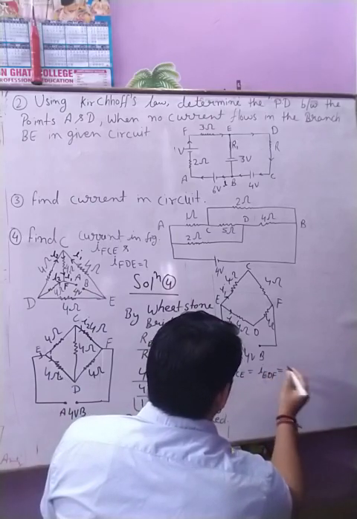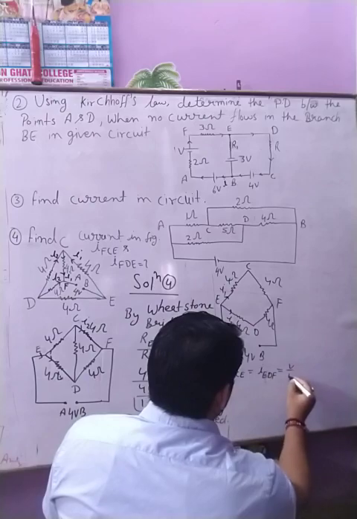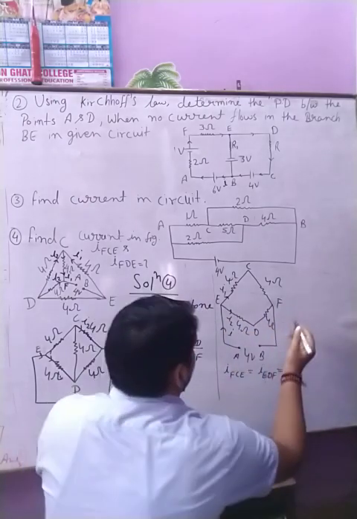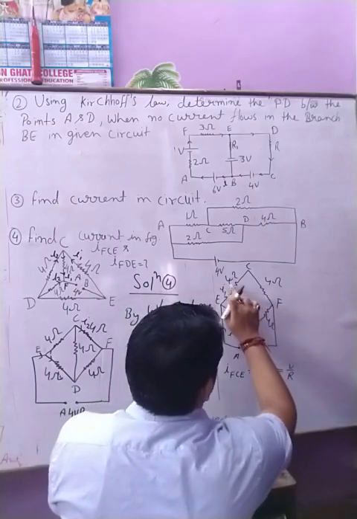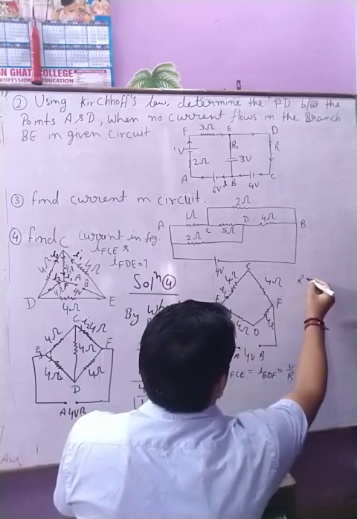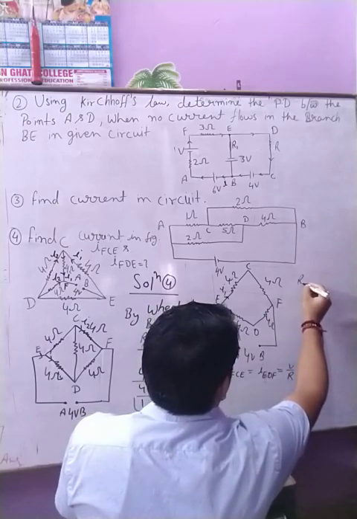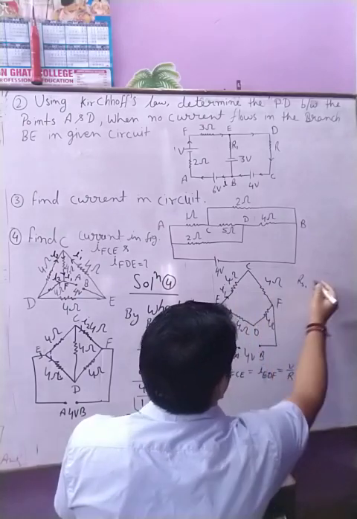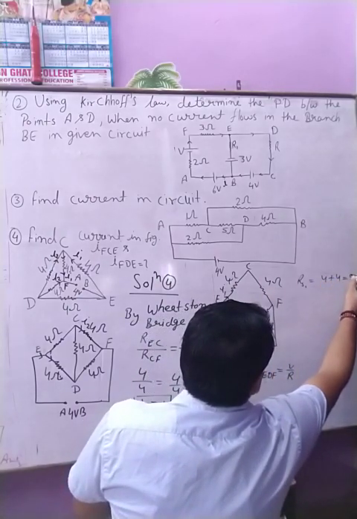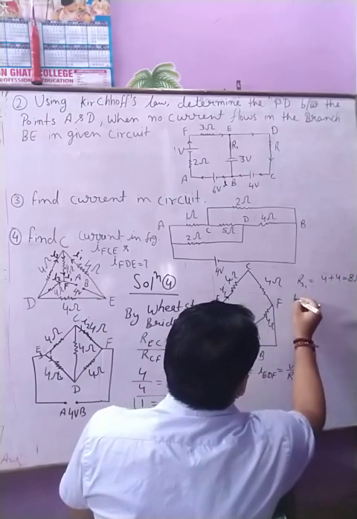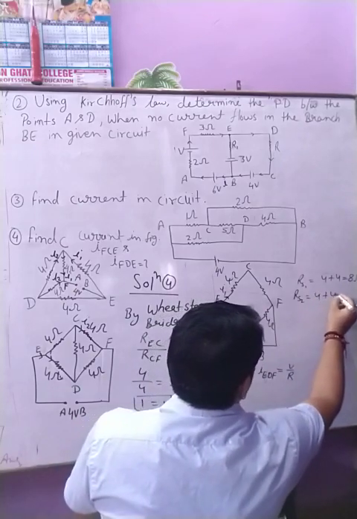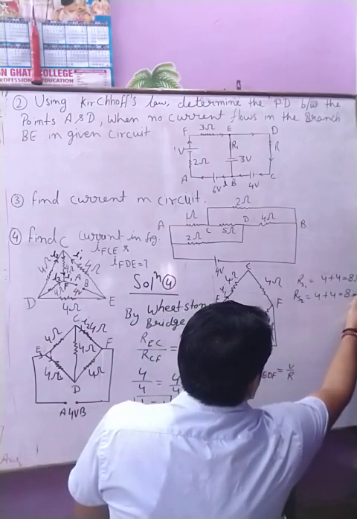EDF is equal to potential upon resistance. Now first we calculate the resistance. So students, this first case 4 plus 4, RS1, this is in series, that is 4 plus 4 is 8 ohm, and RS2 which is also in series, 4 plus 4 is 8 ohm.